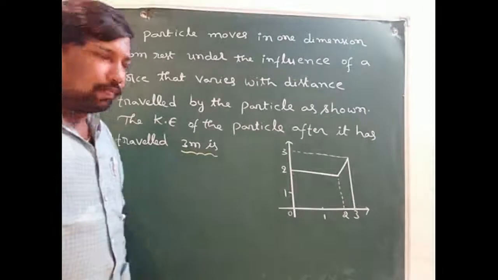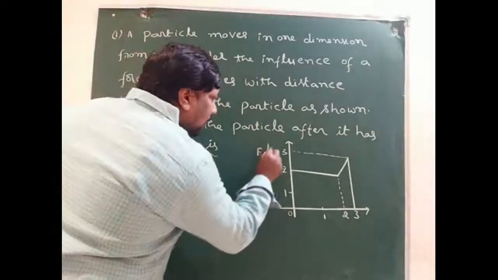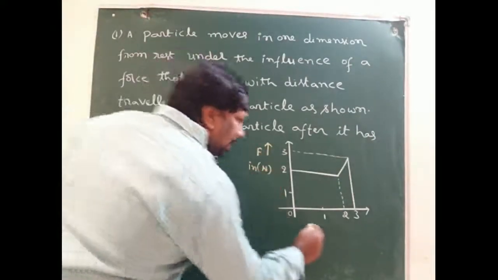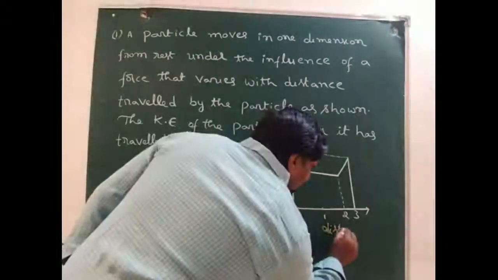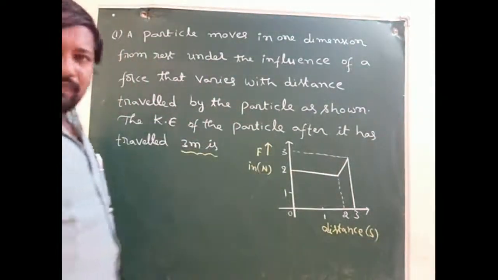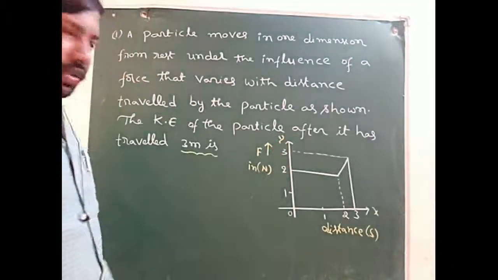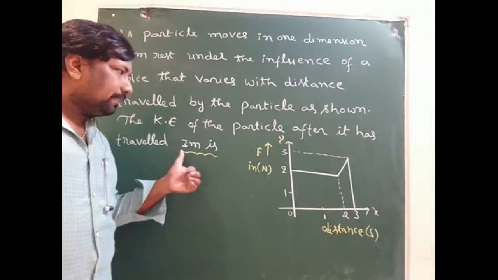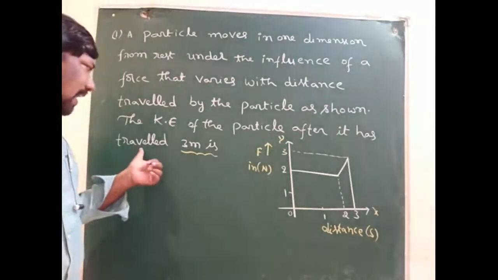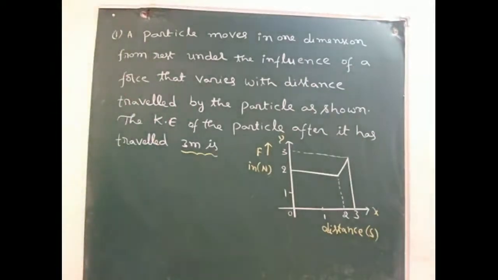In the diagram, force is along the y-axis in newtons and distance along the x-axis. So in this case, we can find out the kinetic energy of the particle after it has traveled 3 meters. Okay. Now we can solve this problem.